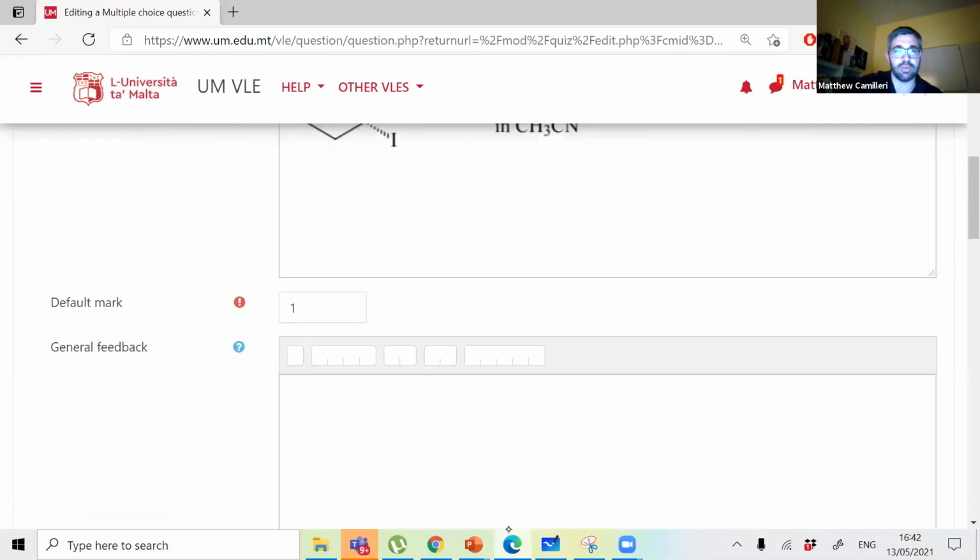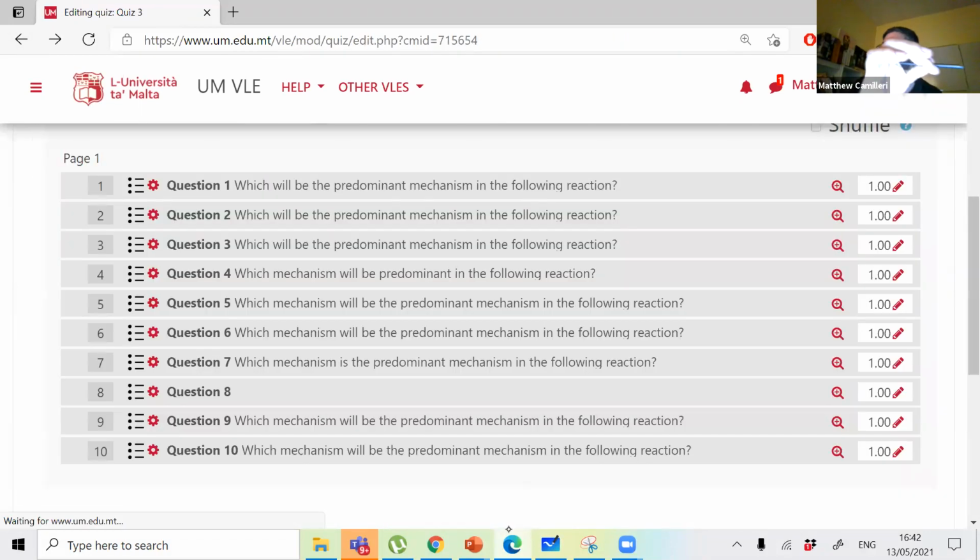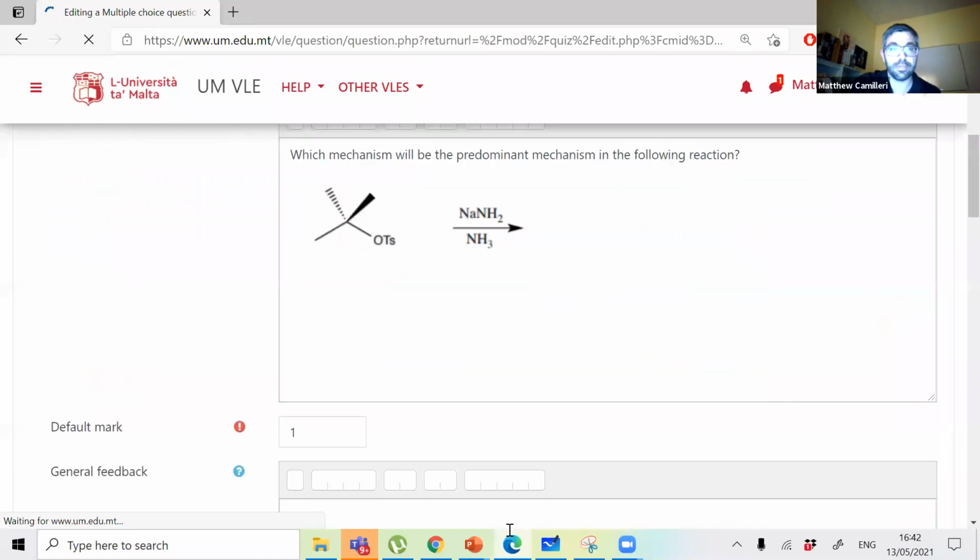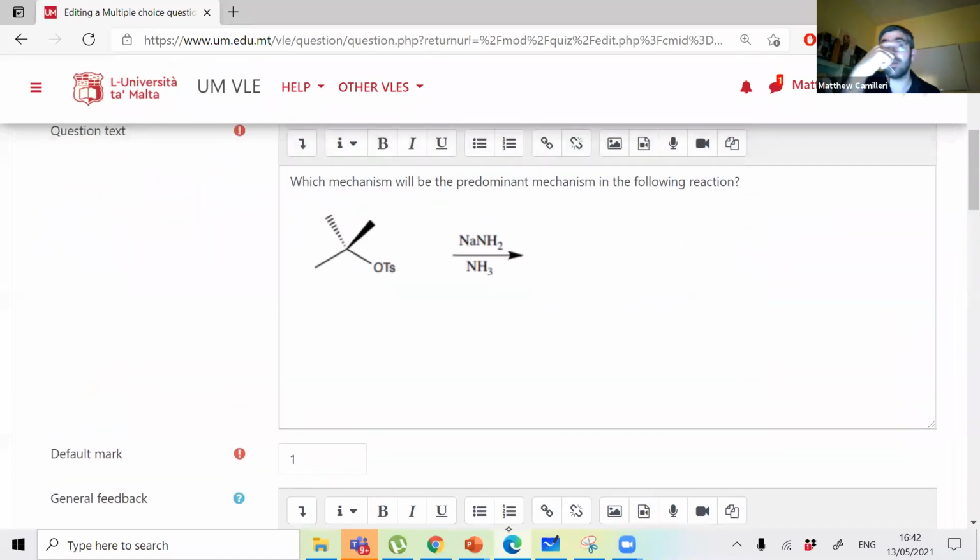Let me check question 8. No, question 8, I didn't. Again, giving you the answer there should have eliminated the elimination. And question 10, tosylate with a very, very strong base, and this ends up being E2, elimination.